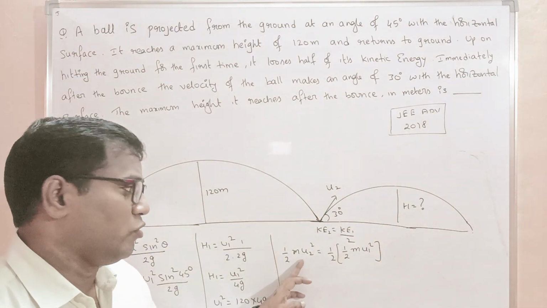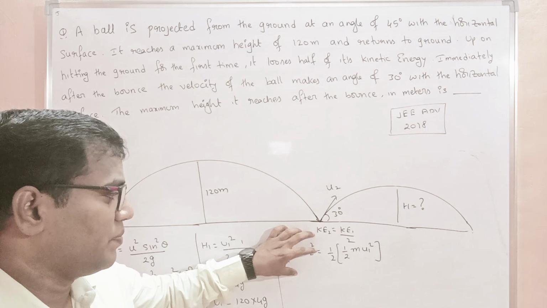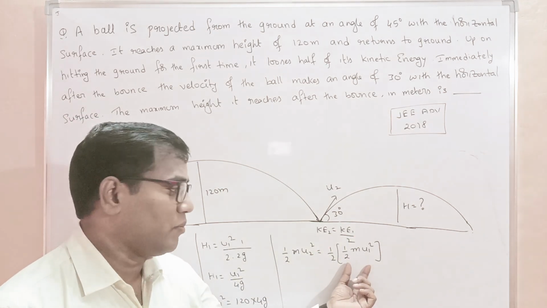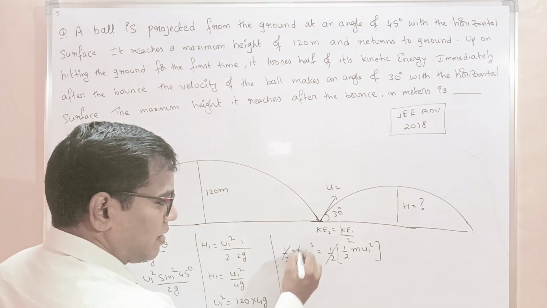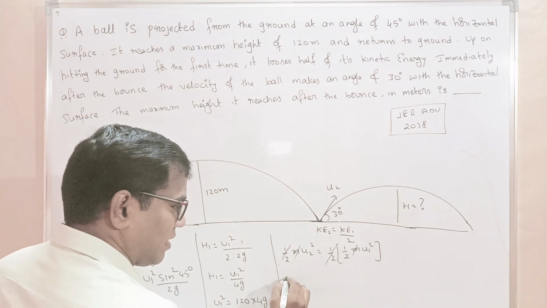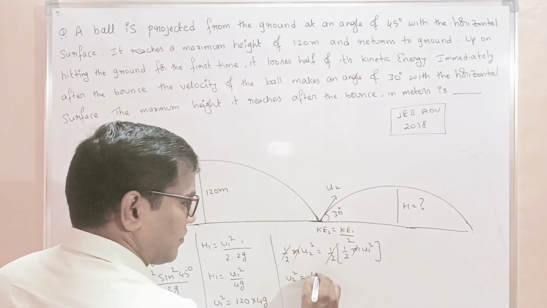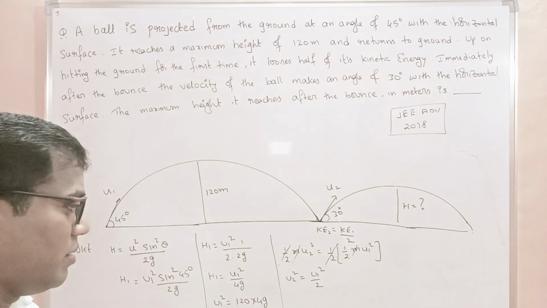Half m u2 square is the kinetic energy in the second case, which is half of the first kinetic energy, half m u1 square. Here the half gets cancelled, m gets cancelled. So directly, u2 square is equal to u1 square by 2.